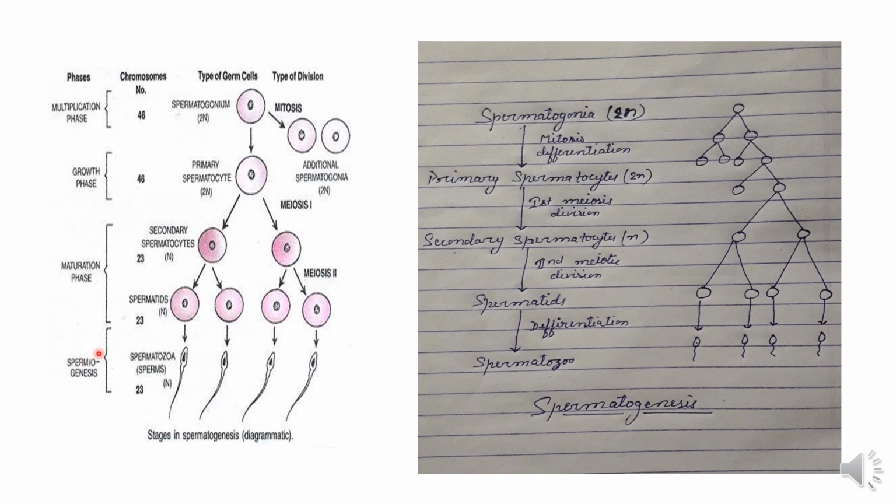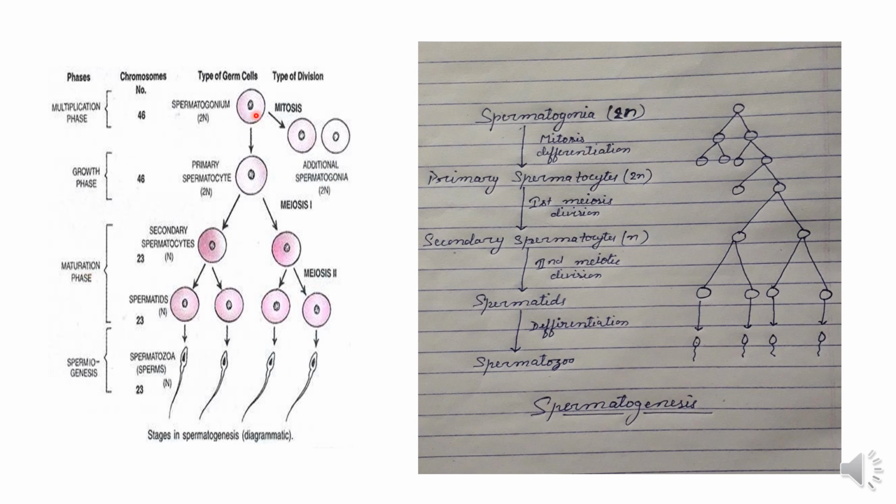Already I have said spermatogenesis is divided into two phases: the process of formation of spermatid, and the second phase known as spermiogenesis. Under the formation of spermatid, we have three subphases: multiplication phase, growth phase, and maturation phase.